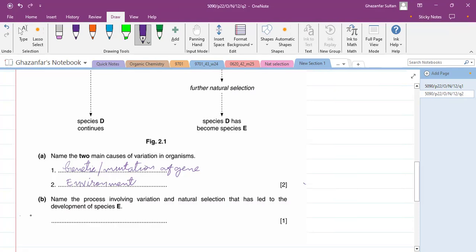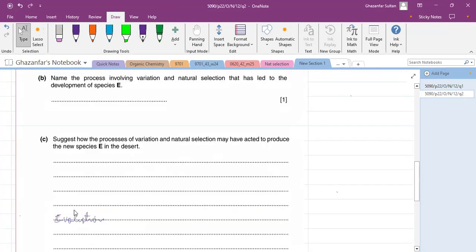So the name of the process is evolution and speciation. Evolution or speciation.